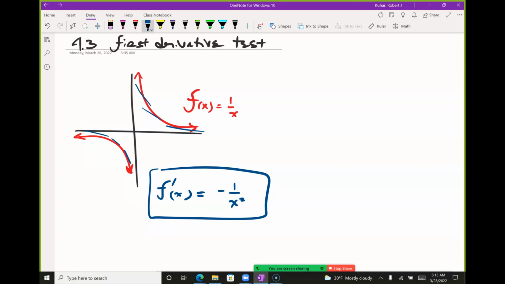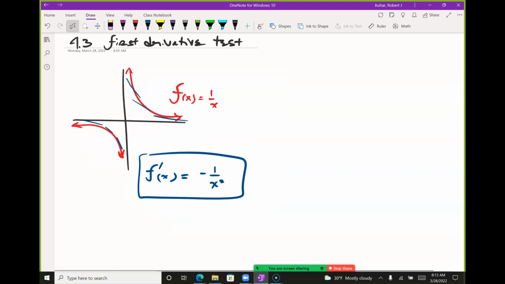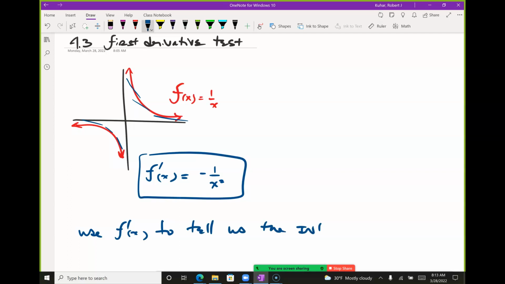So f prime of x tells us about whether the original function is increasing or decreasing. So we're going to use f prime of x to tell us the intervals on which f of x is increasing or decreasing.